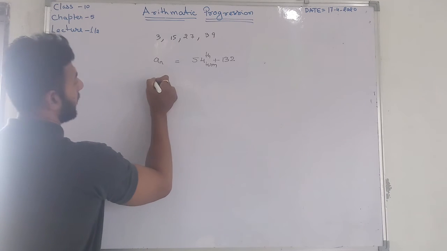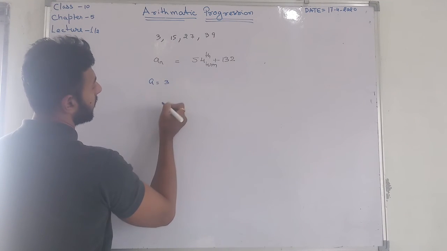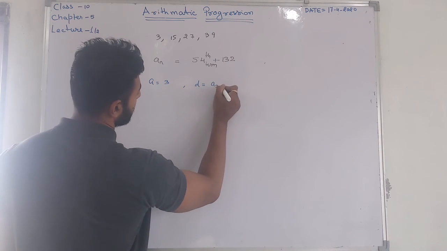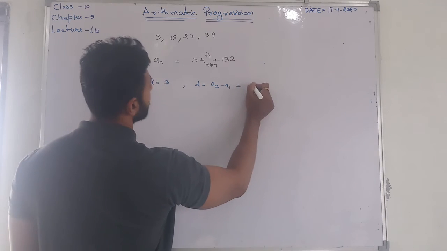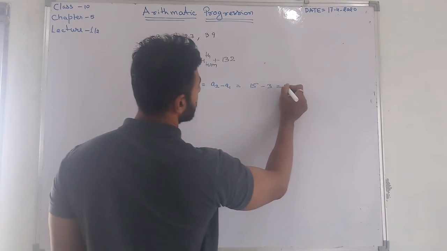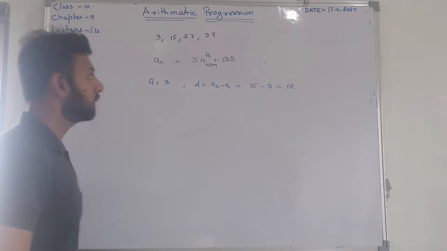Now a is equal to 3 and d is equal to A2 minus A1, which is 15 minus 3, which comes out to be 12.